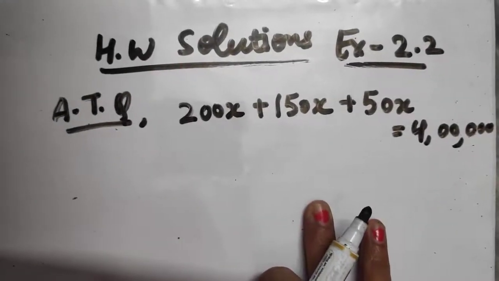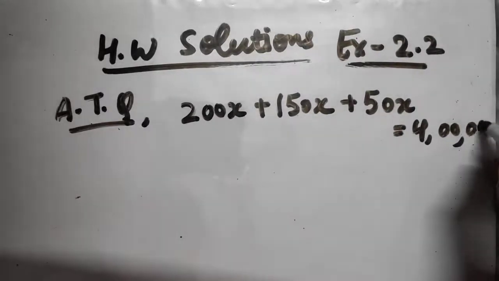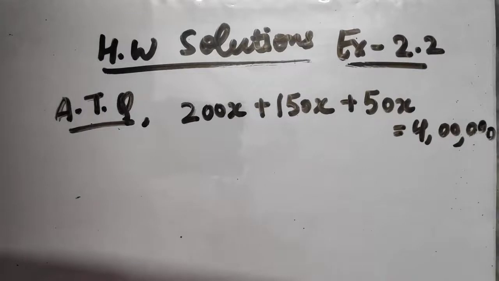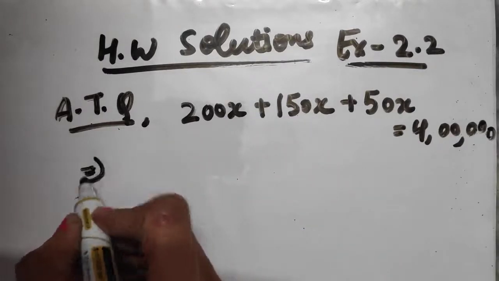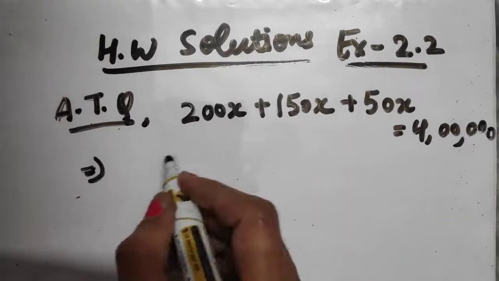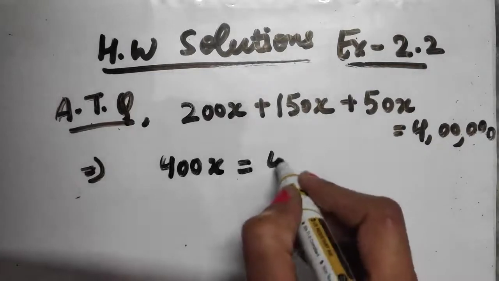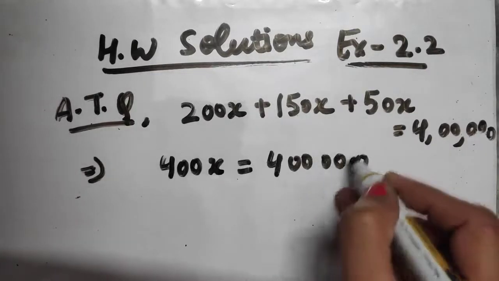This is the total amount given to us. Now, adding these 200 plus 150 plus 50, it will be 400x, that is equal to 4 lakh.